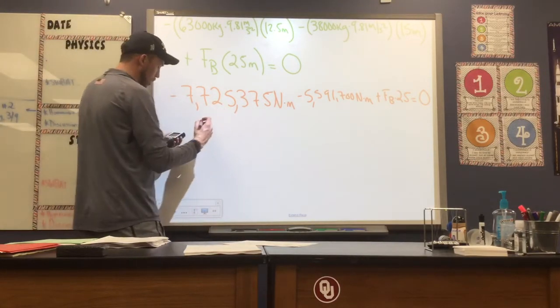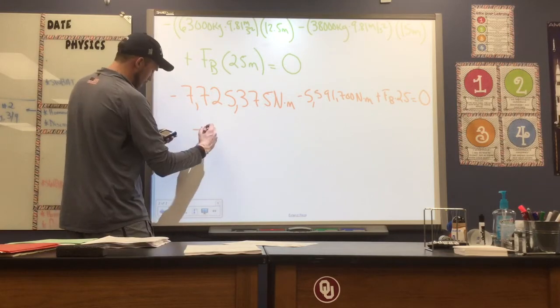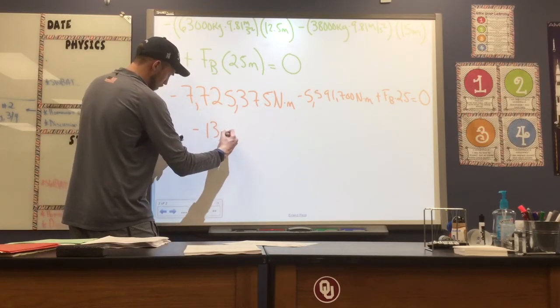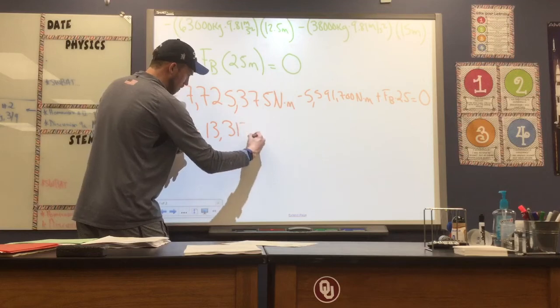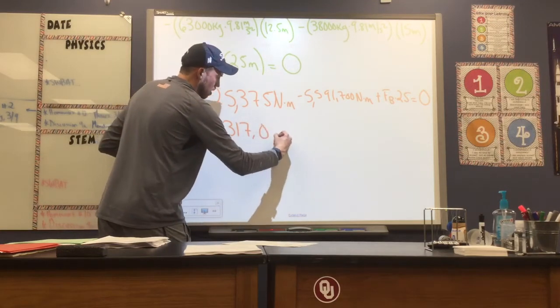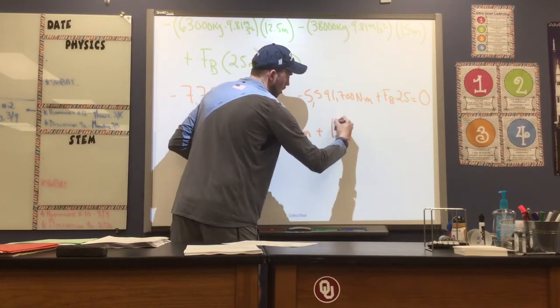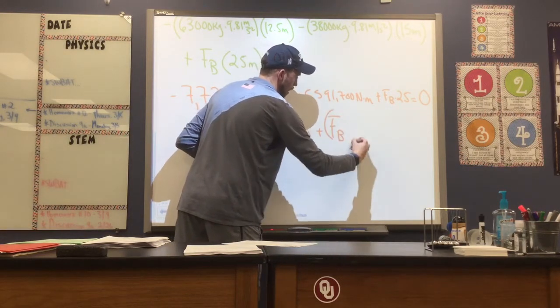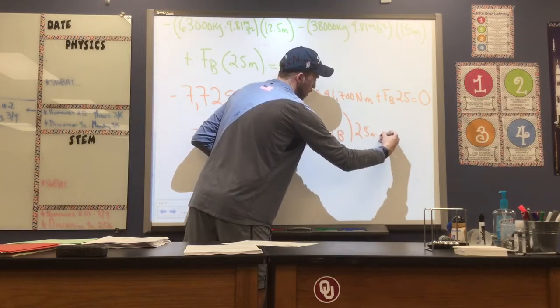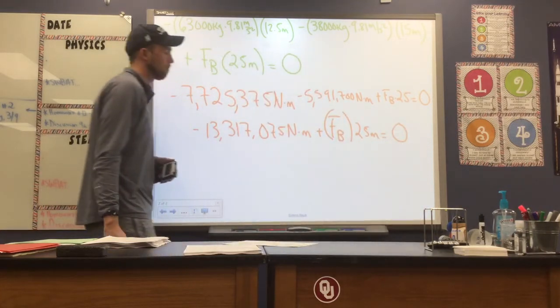That's going to give me, again, a very large number. Looks like negative 13,317,075 Newton meters, plus this other force we're not sure about yet, FB, times 25 meters equals 0.